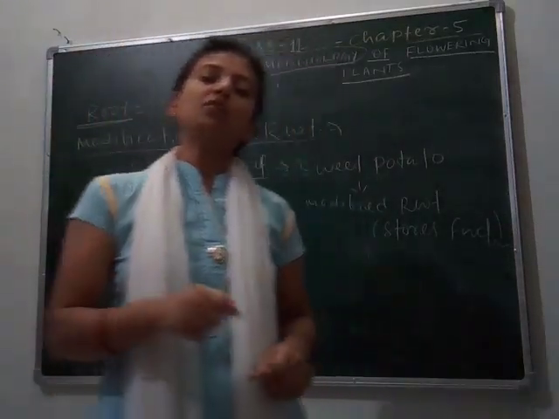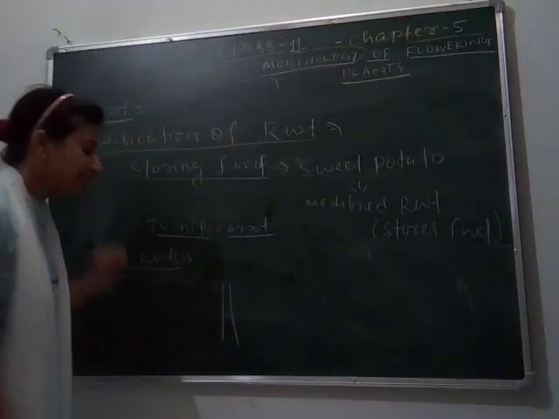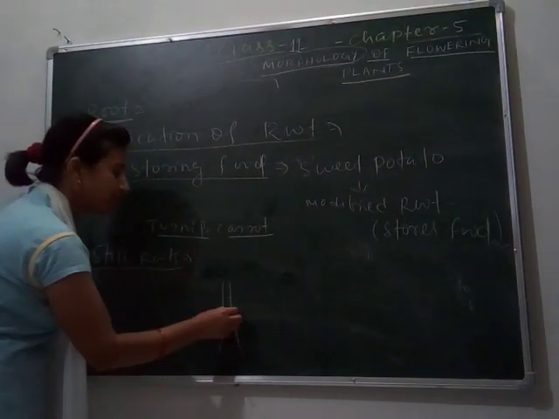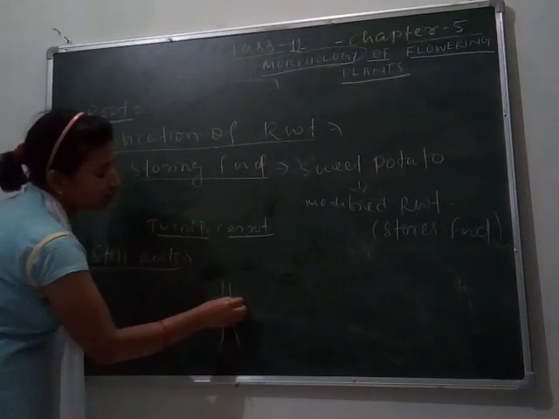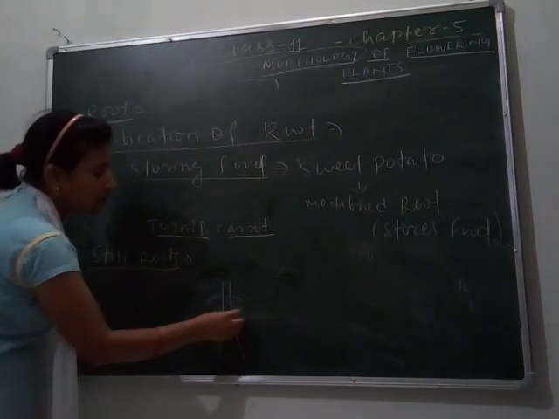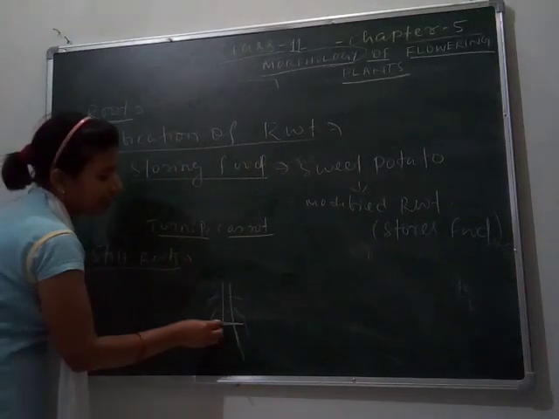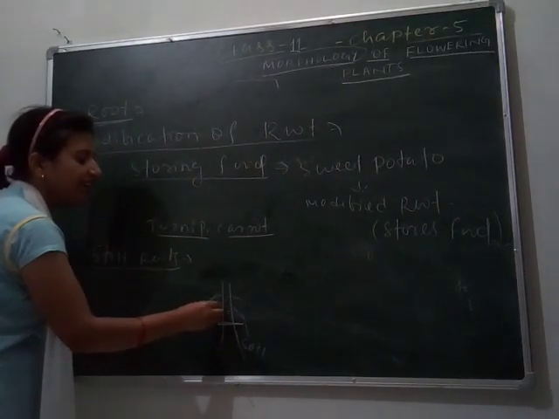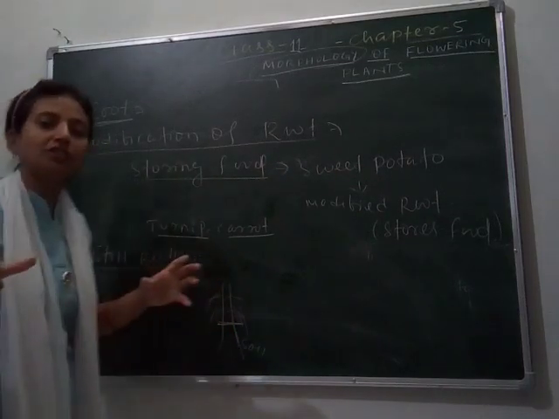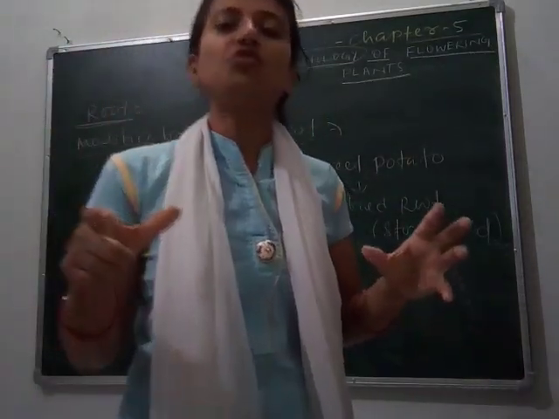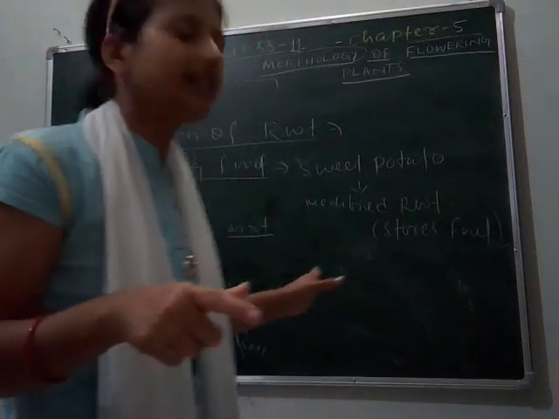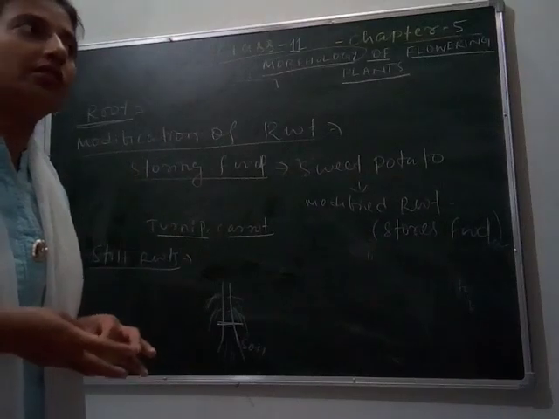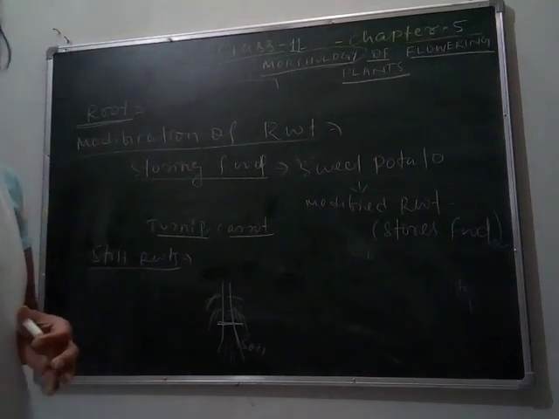If you pull it out from the soil, you can see roots arise downward, as well as from the nodes of the stem; some roots also arise, and they support the plant. This part is below the soil. This is soil, but these are above the soil, and still they are roots and they hold the soil or give support to the plant. They are called stilt roots, and we can see stilt roots in many other plants, like your money plant. Also there are some stilt roots.